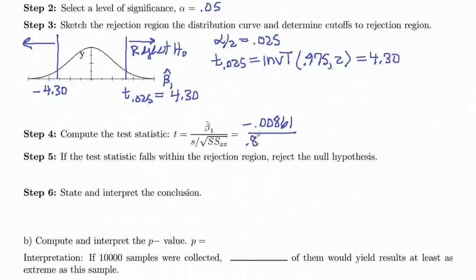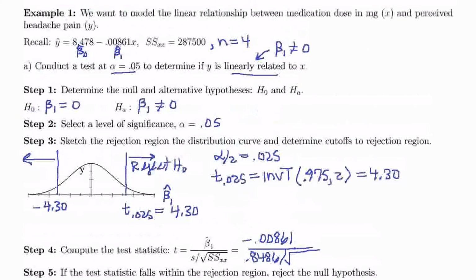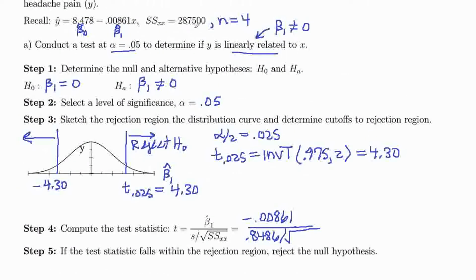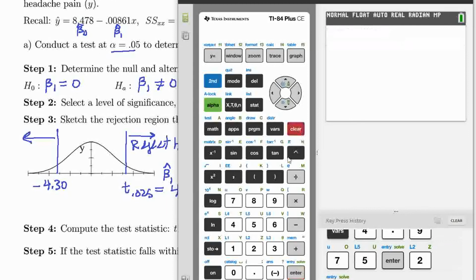So 0.8486, and dividing by square root of sum of squares of xx, which was our 287,500. And let's compute that in the calculator. So negative 0.00861.